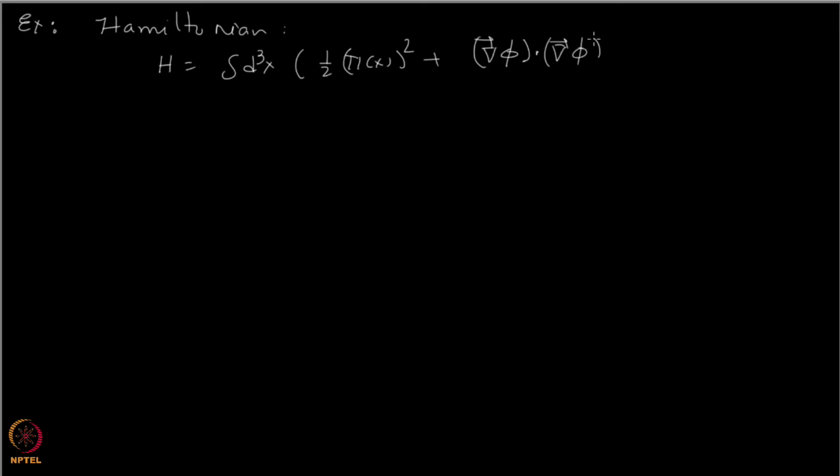Yeah, I should put x in the argument, but I'm omitting it. You should factor half m square phi x square, and then you have plus lambda over 4 factorial phi x to the 4, and this is something you expect.